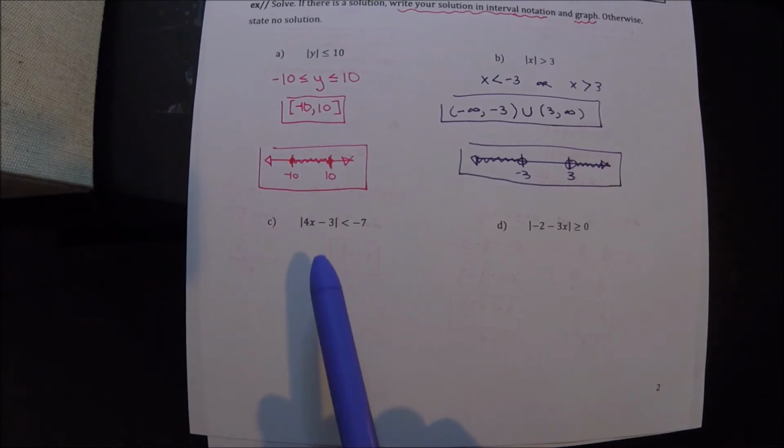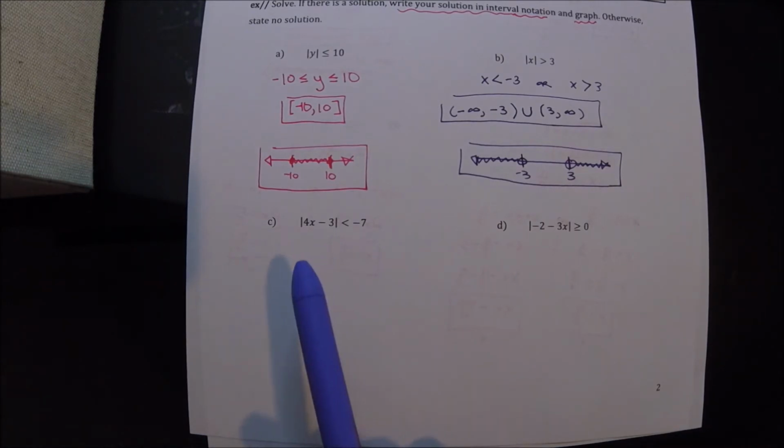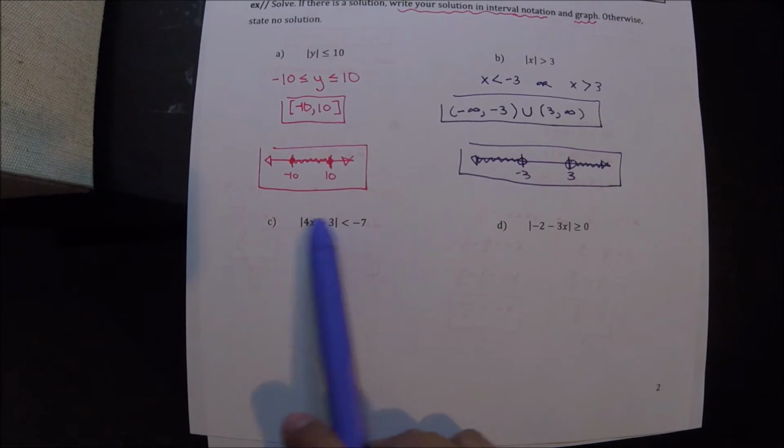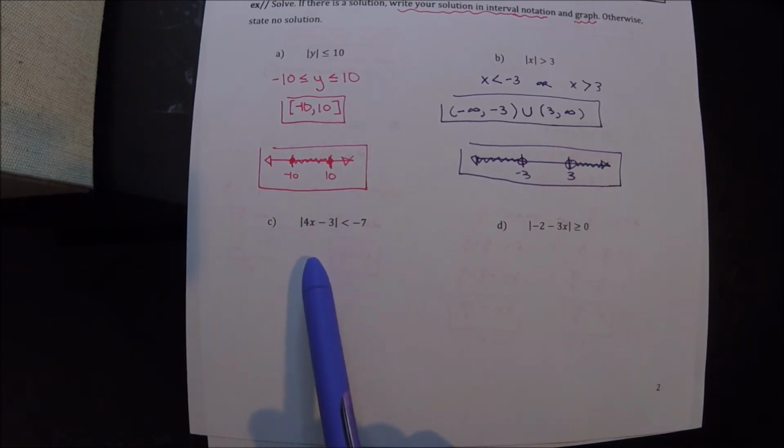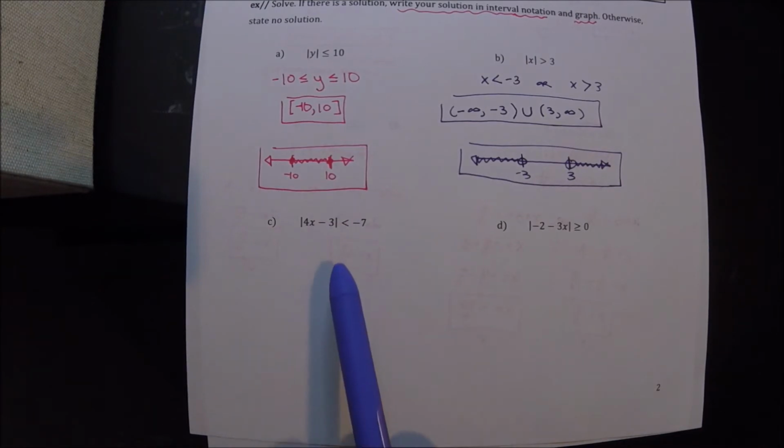Again, this is kind of like when we had on the previous page. Think about what this is saying. We have the absolute value of something, and that is going to be less than negative 7. Can that ever happen? Can you ever take the absolute value and then it gives you a number that's smaller than negative 7? That can't happen.